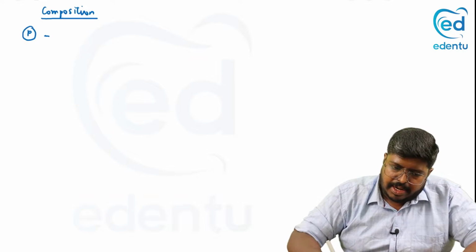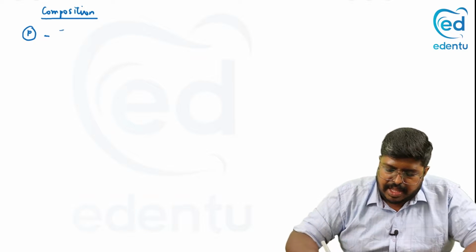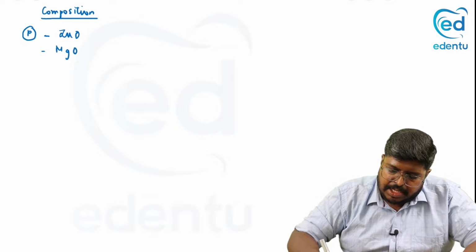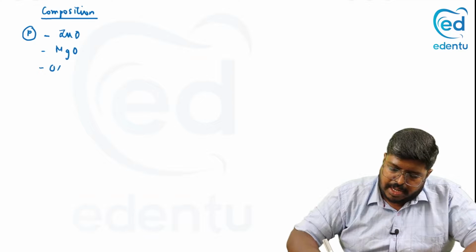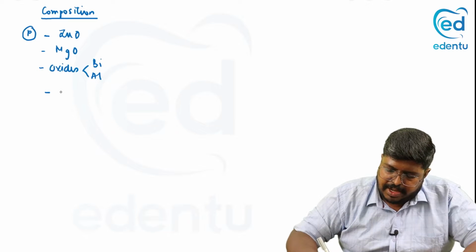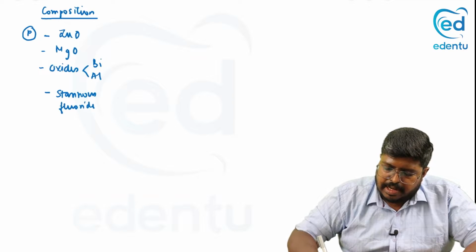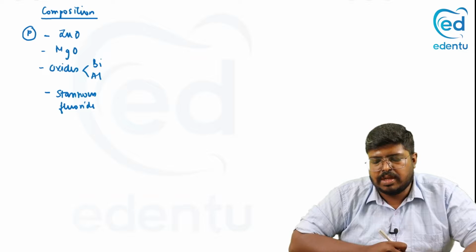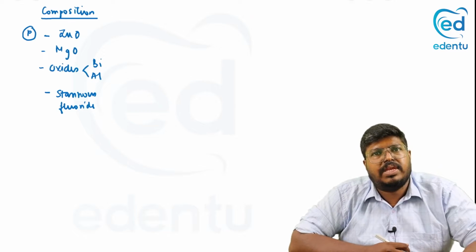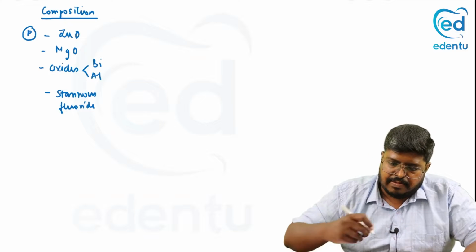Like the earlier ones, we have zinc oxide, magnesium oxide, oxides of bismuth and aluminium, and finally stannous fluoride. So you have four components.